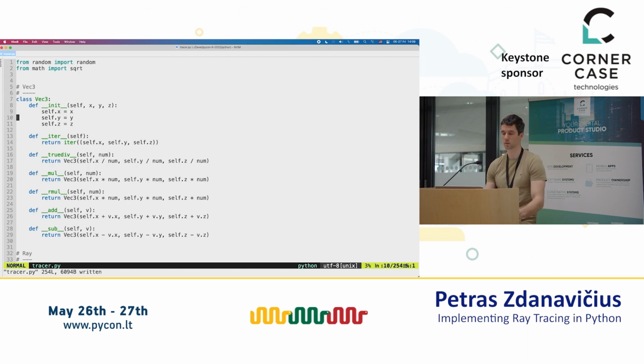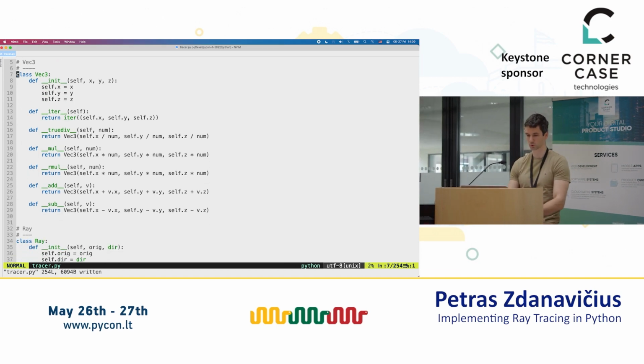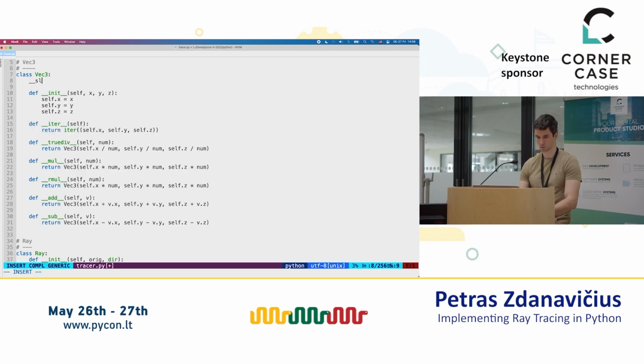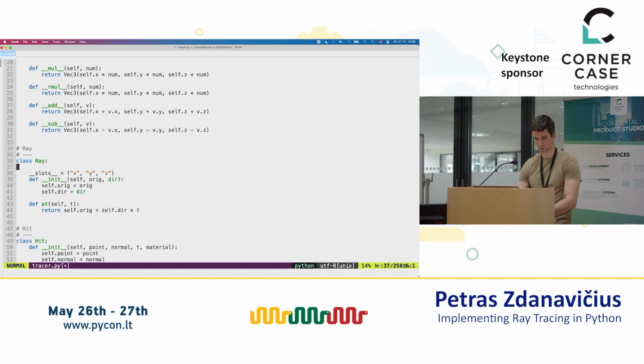Everything is vector math in this problem. So we have this, what's the go-to solution to speed up? Add slots. Right, so it's going to be x, y, z. Let's do that for a as well.